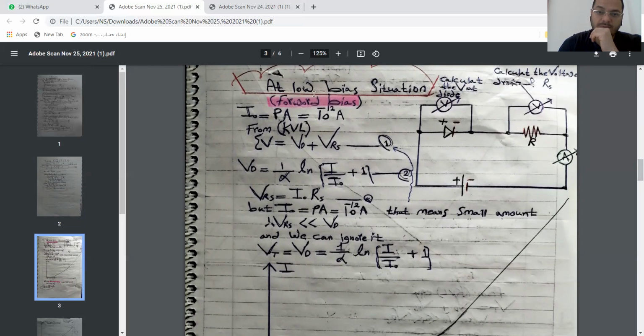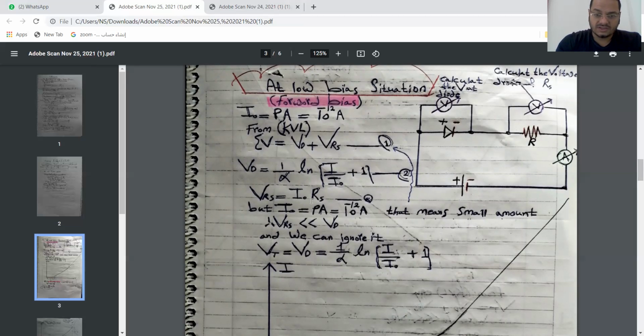Now at first, we will focus on forward bias. That means a very little saturation current, equal to a picoampere. From Kirchhoff voltage law, the summation voltage equals, like I said before, Vd plus VRS. We calculated Vd in the last lecture: 1 divided by the diode constant times ln of I over I naught plus 1, and we know the result of VRS.